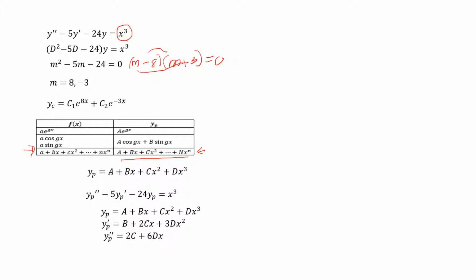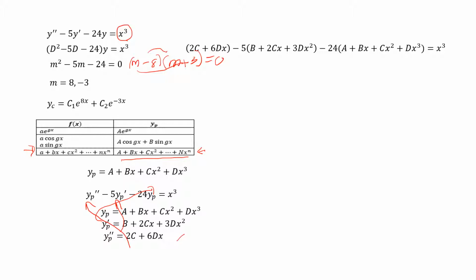Now remember that you will have to plug all these values here. Yp will be plugged there, yp prime will be plugged there, and yp double prime will be plugged there to find the values of a, b, c, and d. And then the result: this is 2c plus 6dx, our yp double prime.